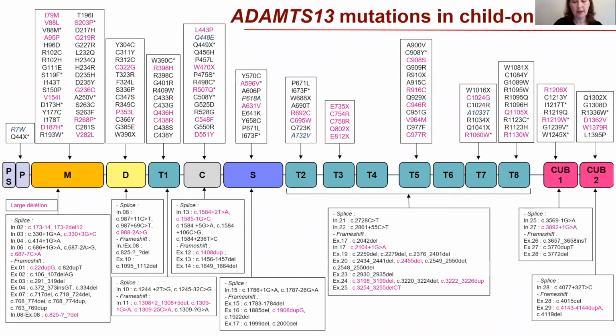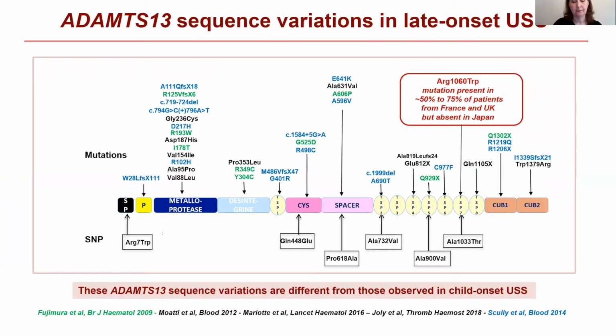If we consider now the congenital TTP, you can see here all the mutations of the ADAMTS13 gene found in child-onset Upshaw-Schulman syndrome. Obviously, there is no hotspot of mutations, but they are spread all over the gene. ADAMTS13 gene sequence variations in adult-onset Upshaw-Schulman syndrome are different from those observed in child-onset Upshaw-Schulman syndrome.